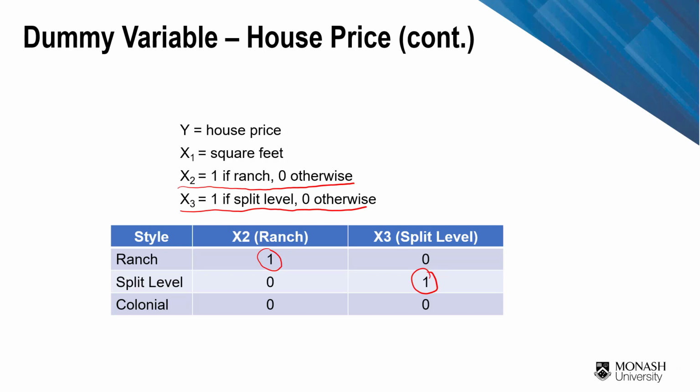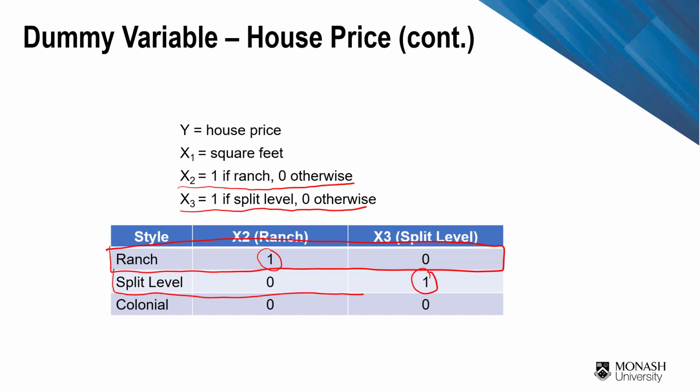Now the question is, sometimes people ask, oh David, how about colonial then? Because we need to have indicators for colonial. If not, then we don't know whether the house is colonial or not. Well, not entirely. As you can see from the combinations right here, if you have ranch, you are activating x2.